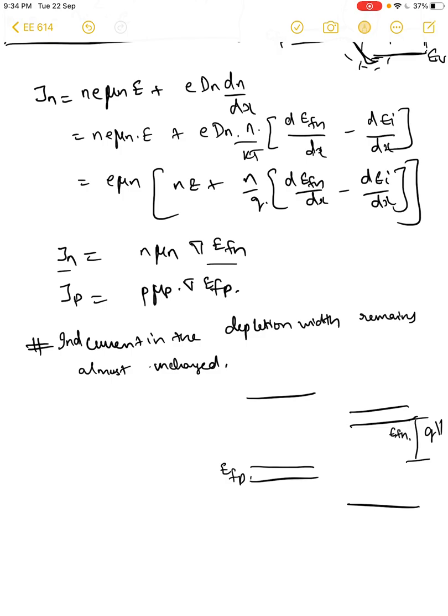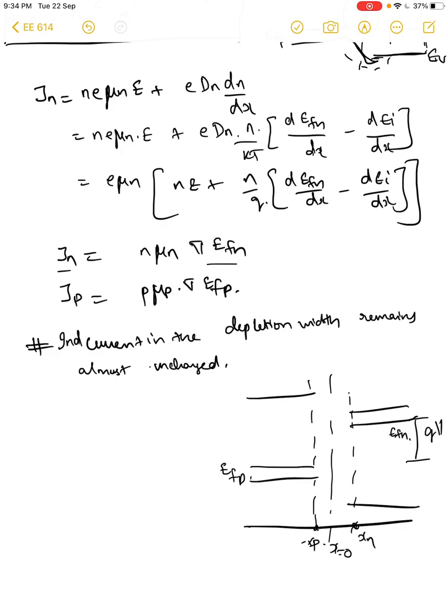And right now the assumption that the current in the depletion width remains largely unmodified makes sure, so this is where the depletion width starts, right? And let us say, let me draw these lines and put this as x is equal to 0 and this portion as xn and this as minus xp, right? These are the notations that we have used previously. We will hold on to the notations.